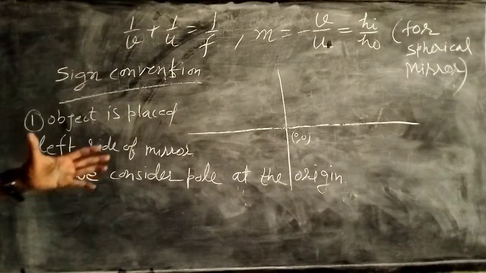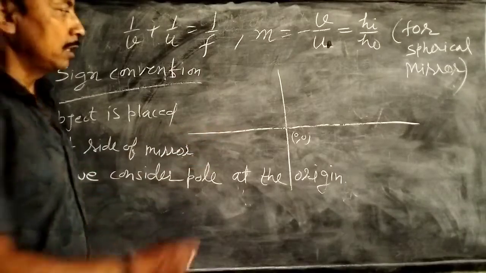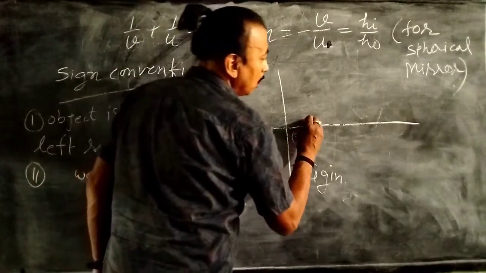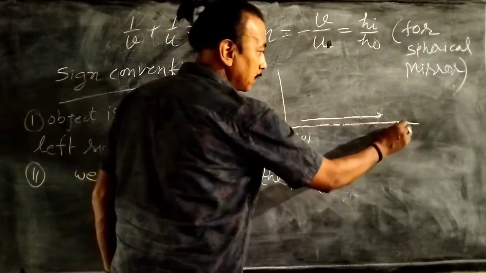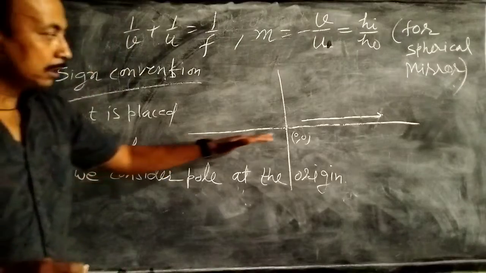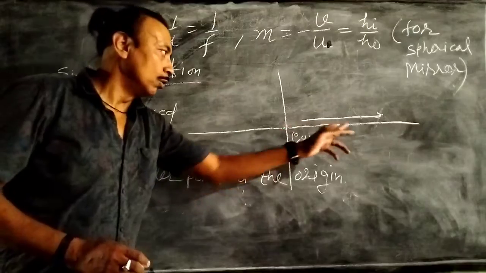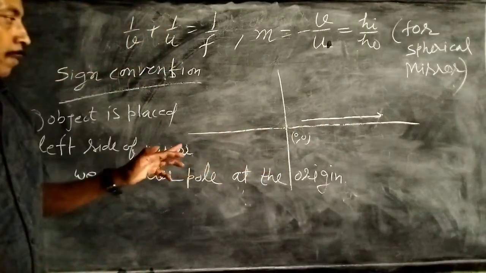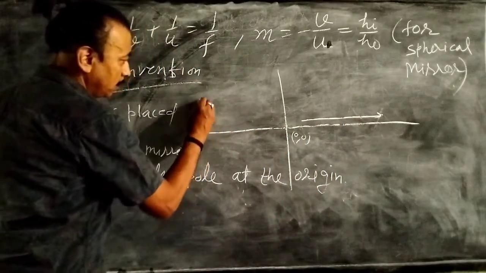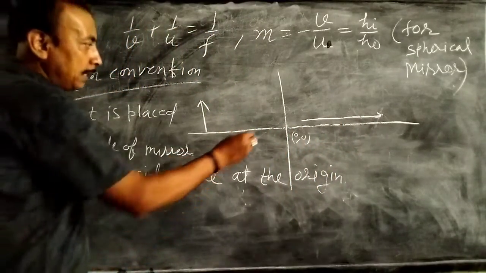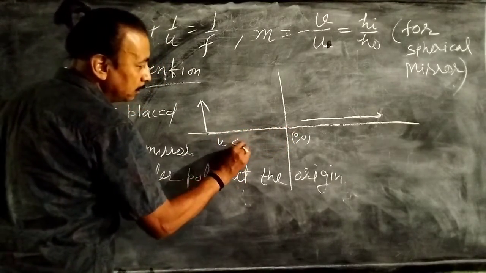Now distances are measured as in coordinate geometry. What is coordinate geometry? In the x-axis, right side distances from this pole. All distances on the x-axis, meaning the principal axis. Suppose it is the principal axis. All the distances on the principal axis are measured from the pole along this axis. From the pole, if the object is here, then coordinate geometry says that this distance will be negative. Means object distance u is less than 0.